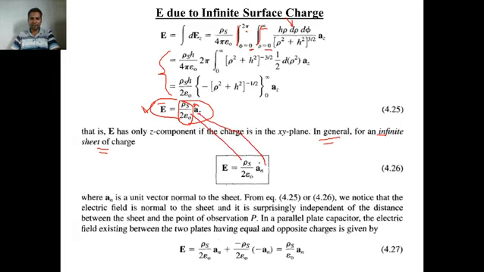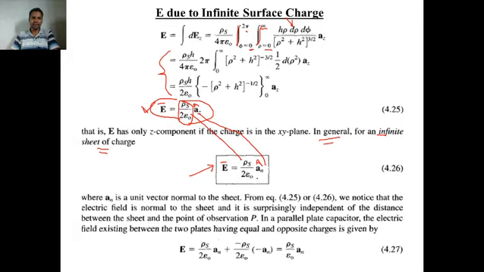The direction is now any direction, which I mention as an cap. So E bar will be rho s upon 2 epsilon 0 an cap. You have to always remember this formula. This is a general formula: E bar is equal to rho s upon 2 epsilon 0 an cap.